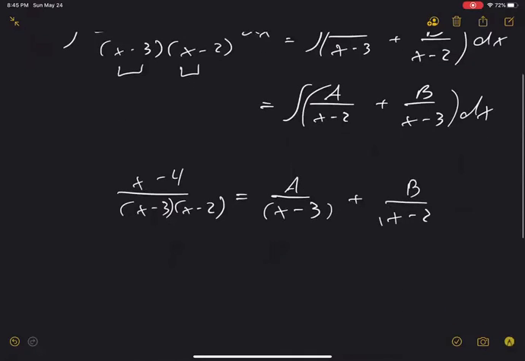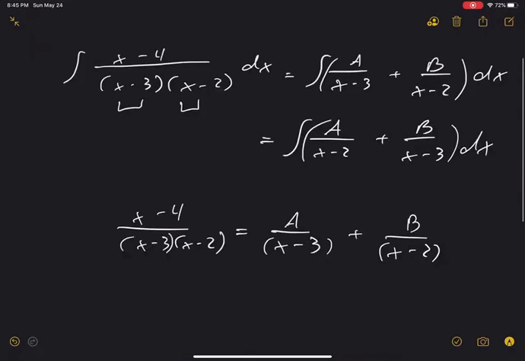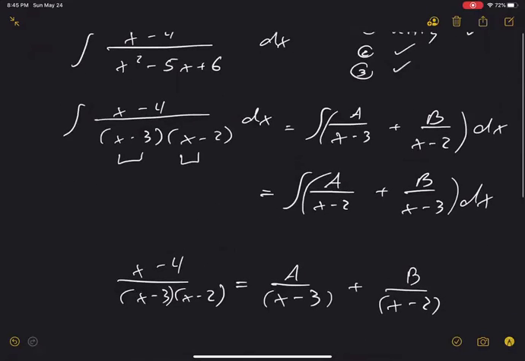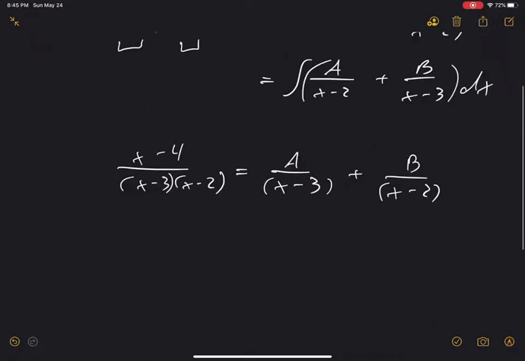My step 4, I believe it is. Yeah, we're on step 4, is to multiply both sides by this denominator, right? So on the left side, the denominator cancels completely. On the right side, I'm going to end up with a times x minus 2 plus b times x minus 3.